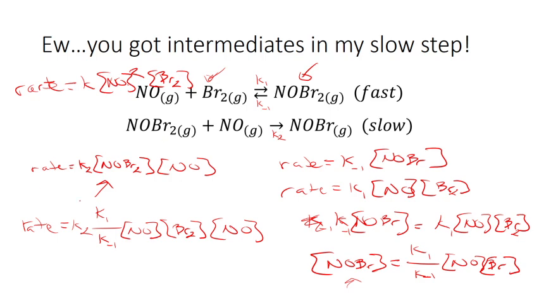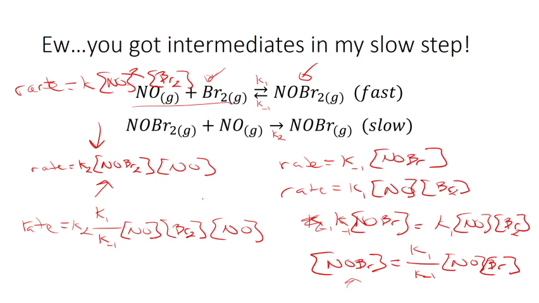However, looking at this one, which is going to be the actual rate definition, we have to put it in terms of things we can initially measure, because we're not going to be able to measure the intermediate since it's happening in the middle of the reaction.